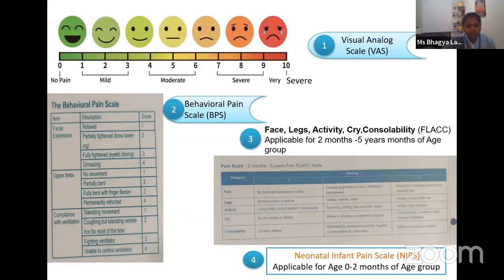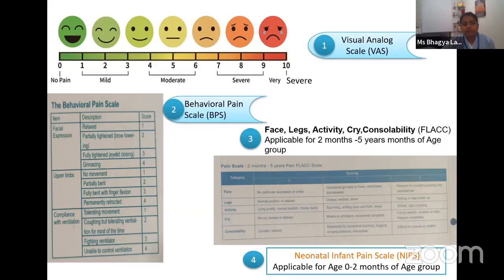Even if you are conscious, our facial expressions let another person read whether we are in pain or not. In the visual analog picture above, when the patient has severe pain, the face is red. By seeing the facial expressions, we can understand whether the patient is having pain or not. Then upper limbs.